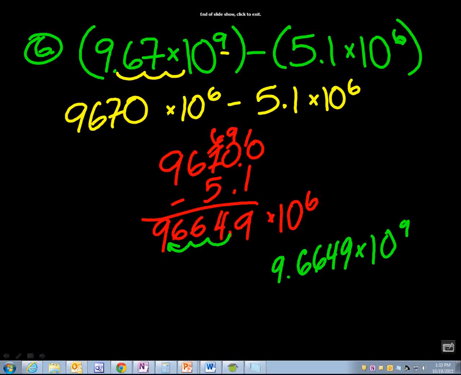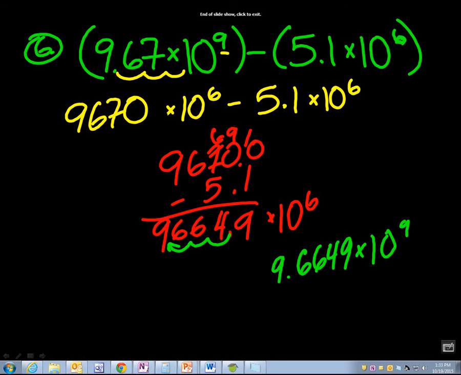Yes. So this would have to drop by from 2 to 1 to 0 to -1. It's dropping 3 spots. So your decimal is going to go to the right 3 spots on this one. You're right, yes.